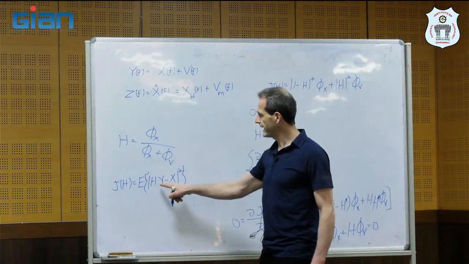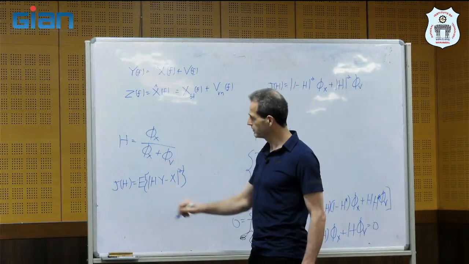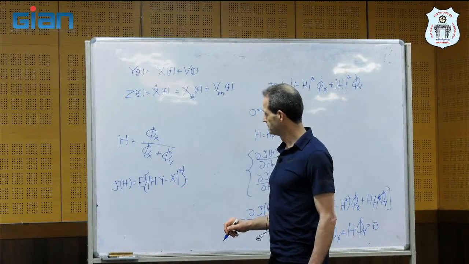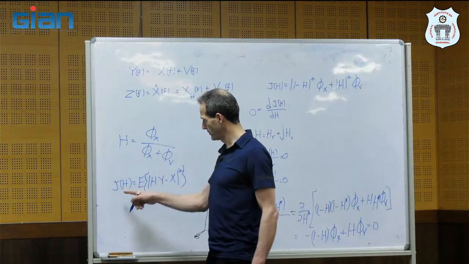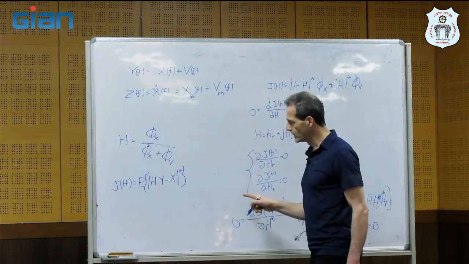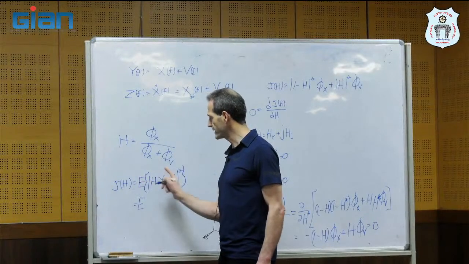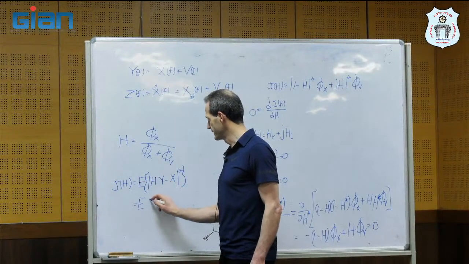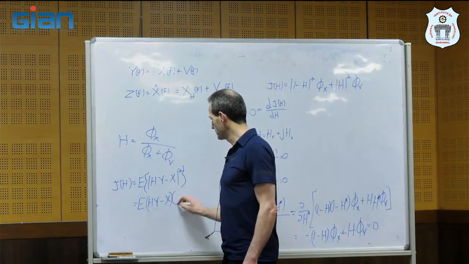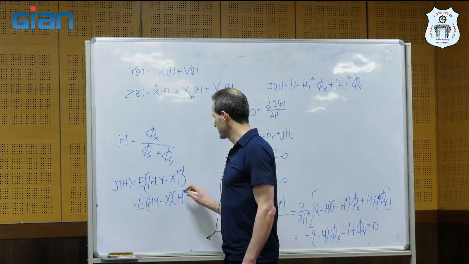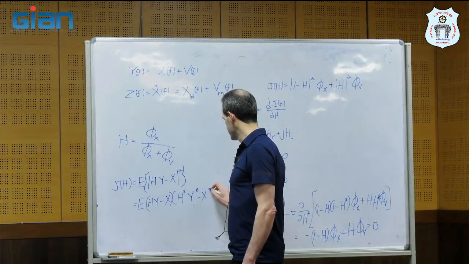If we open that and write Y equals X plus V, we get this one. But we can work from here. Now, if we want to find the derivative of this with respect to H, we need to write it separately as H and H complex conjugate, which is (HY - X) multiplied by the complex conjugate of (HY - X).